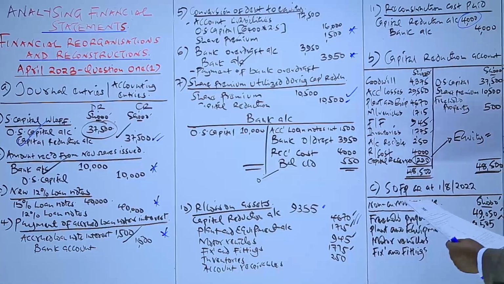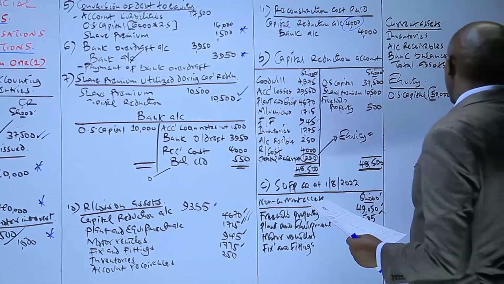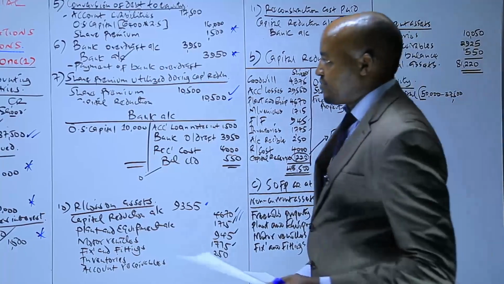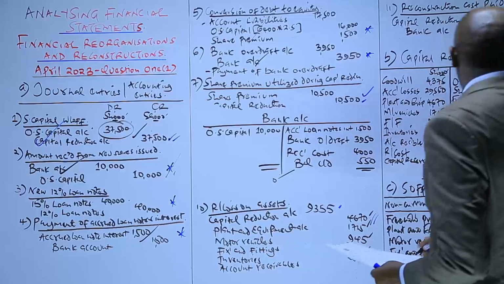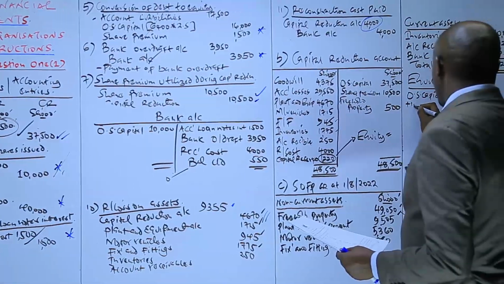So we need to deduct 3750 because the capital will be reduced by that amount. But we also need to add the new shares which were issued. So to that we add 10,000.